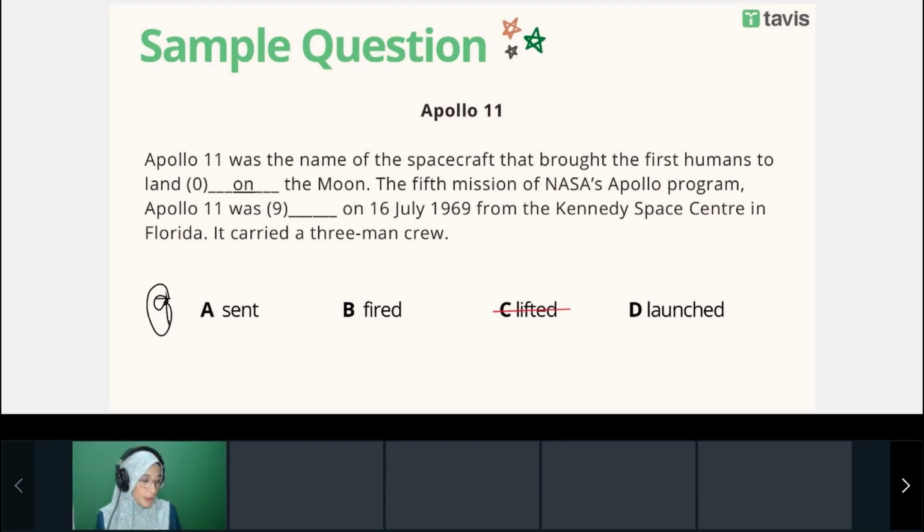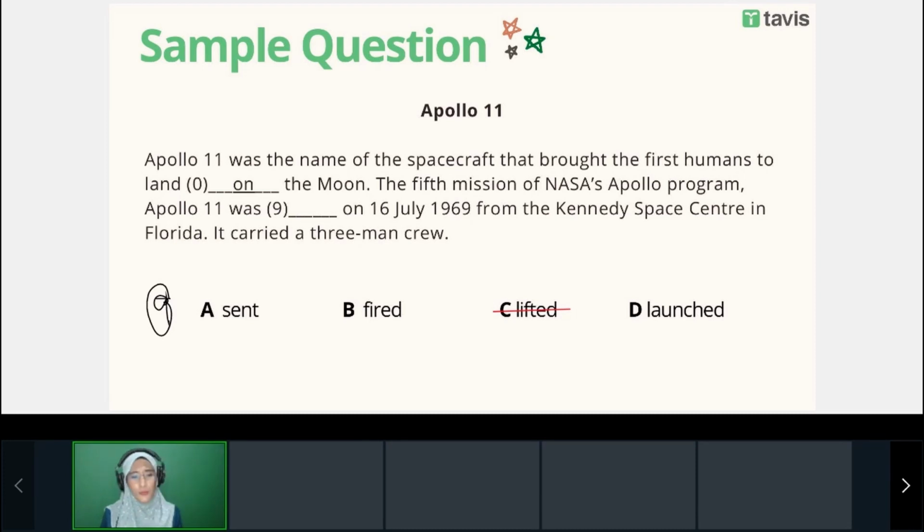When it comes to launch, that is where you might want to set, initiate, or release it. I think the best one would be to release it, right? So you are releasing the program Apollo 11 on the particular date from this center. Don't you think so?